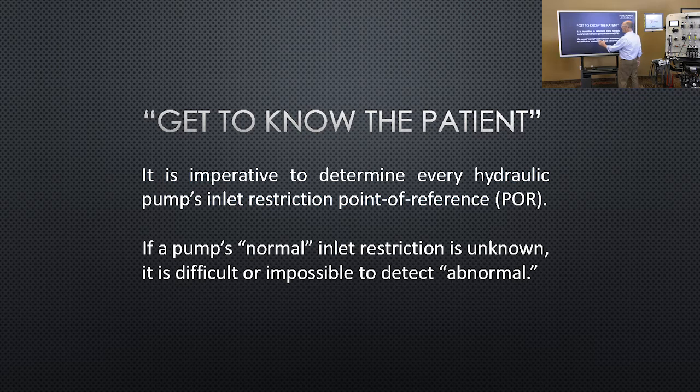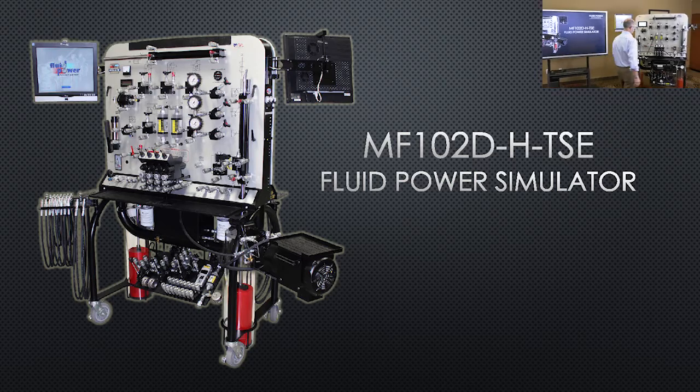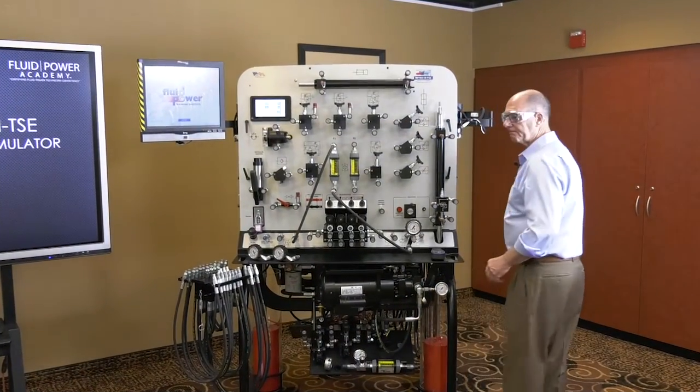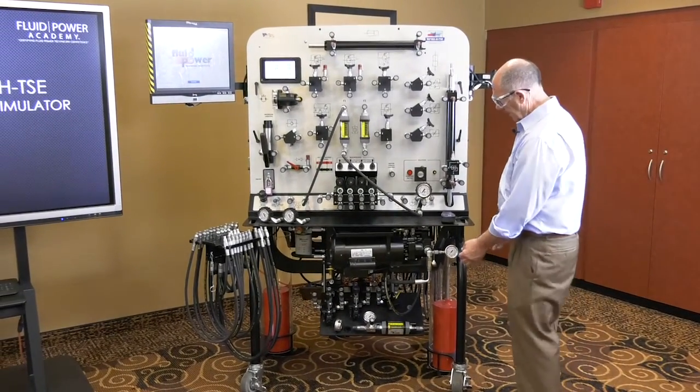In other words, if a pump's normal inlet restriction is unknown, it is going to be difficult, if not impossible, to detect abnormal variations in performance. Let me give an example. We have on the MF102 here an axial piston pump, a 1 gallon per minute axial piston pump.